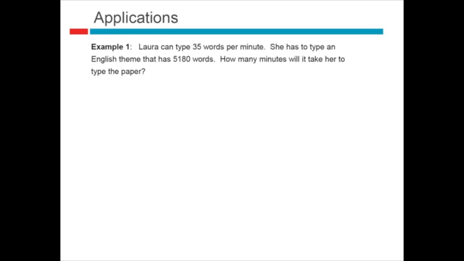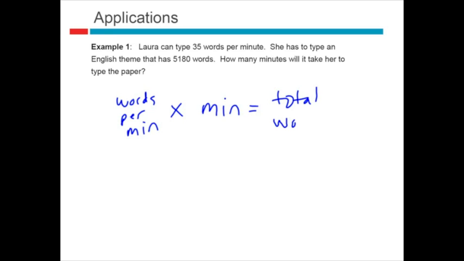Well, generally speaking, if she knows how many words per minute she types, and then she multiplies that by how many total minutes she types for, that will give her the total number of words.